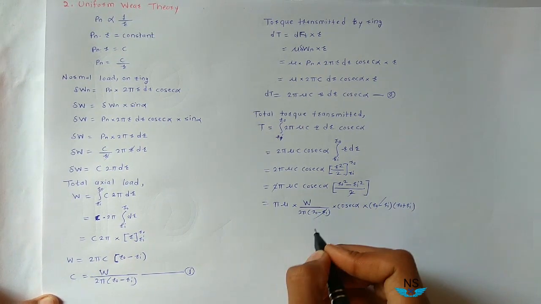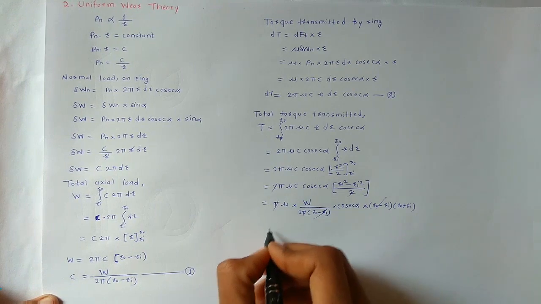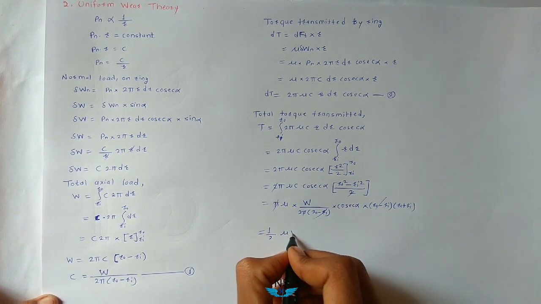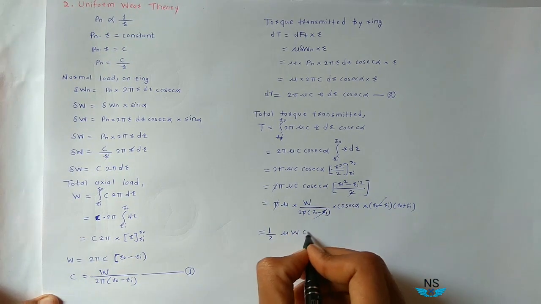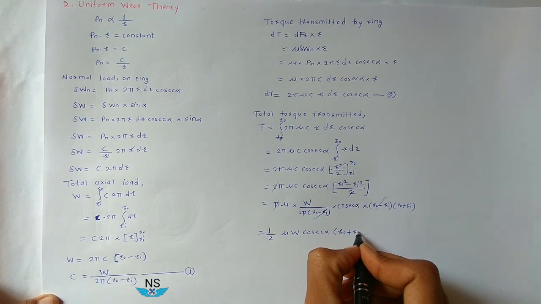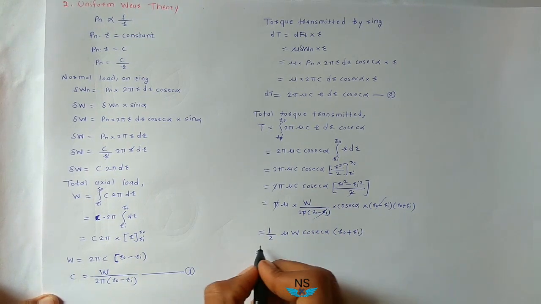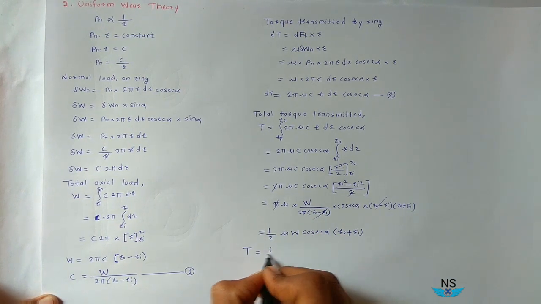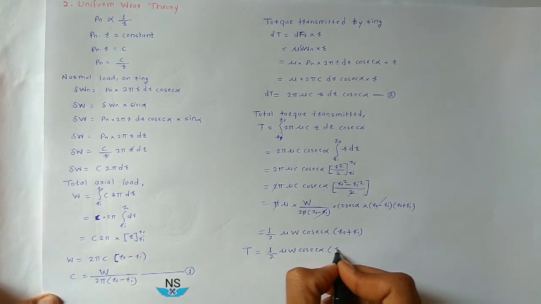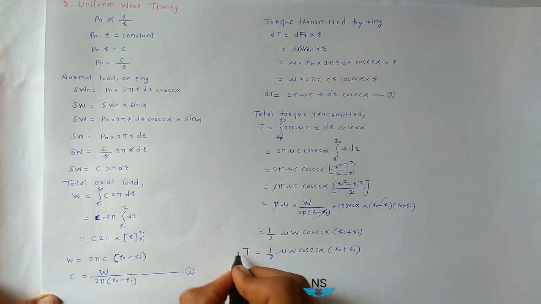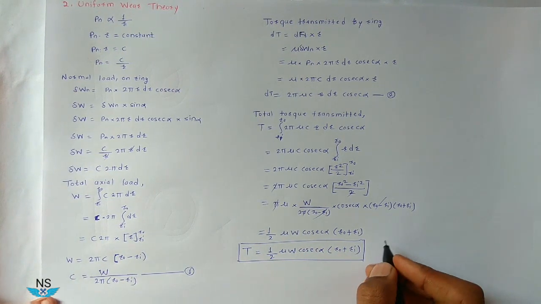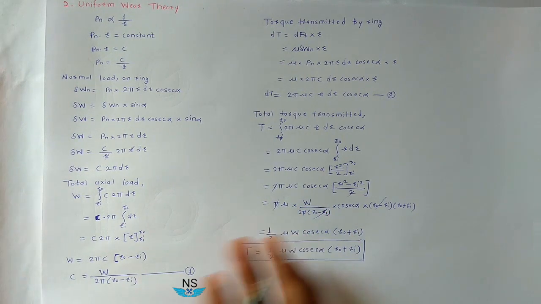So Ro minus Ri gets cancelled, pi cancels. So T is equal to 1 divided by 2, mu W cosec alpha into Ro plus Ri, which is the torque transmitting capacity of cone clutch by using uniform wear theory.